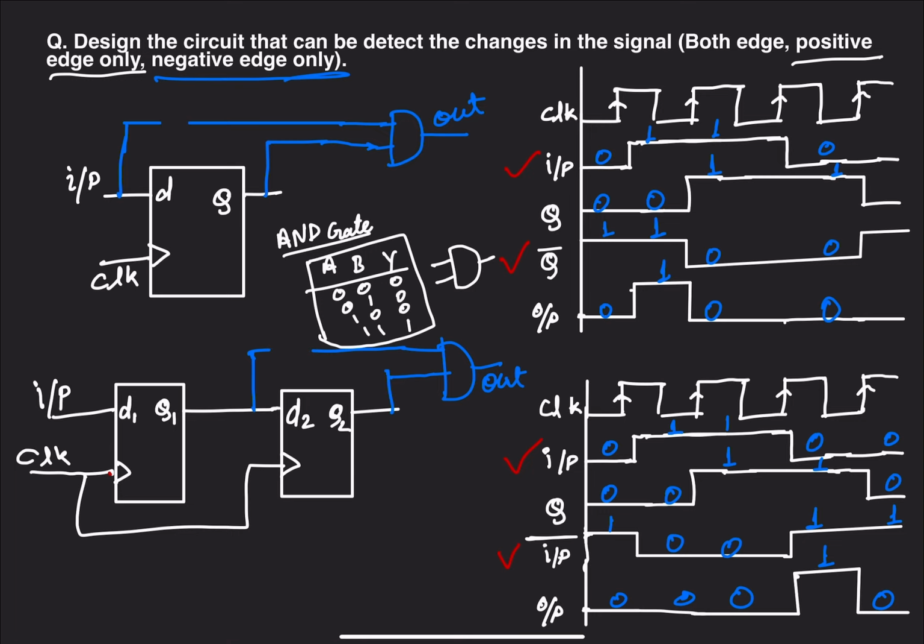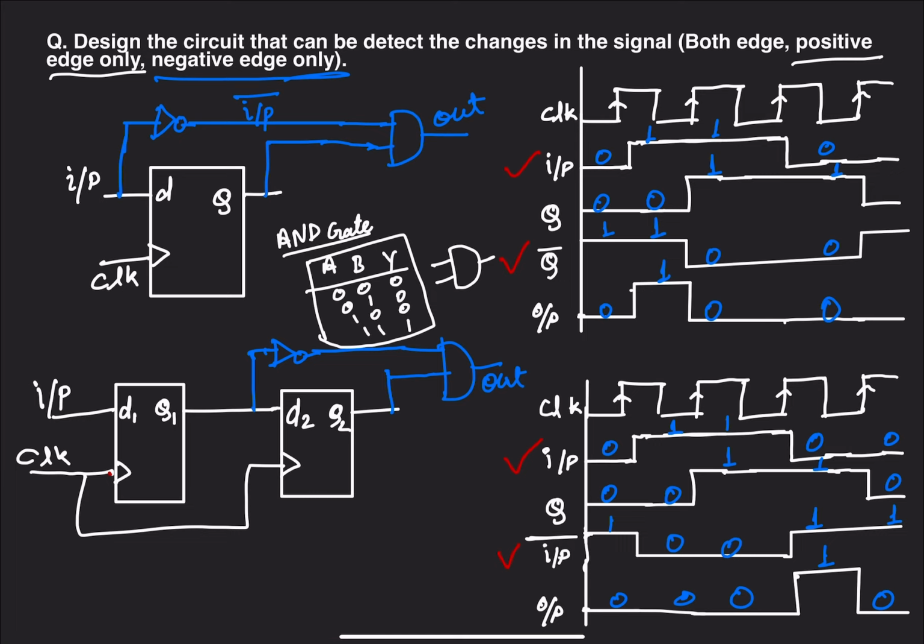We connect one inverter with the input, that will invert the input as input bar, and everything else will be the same.